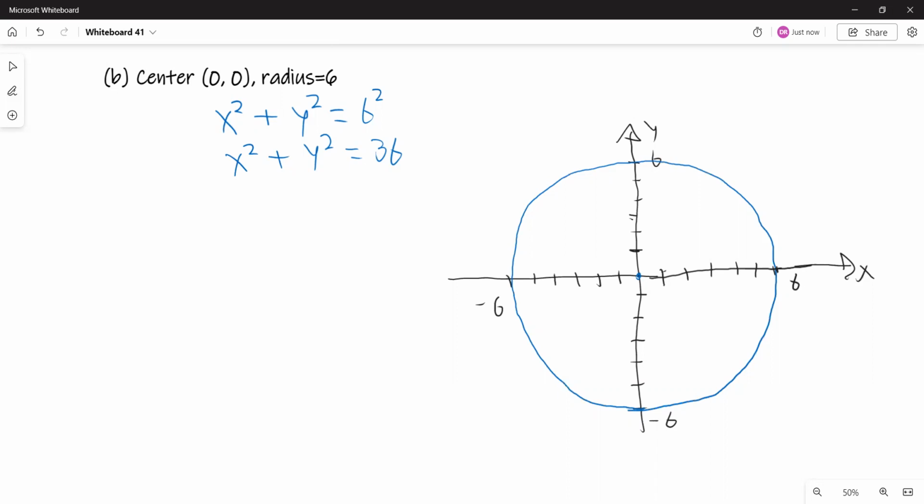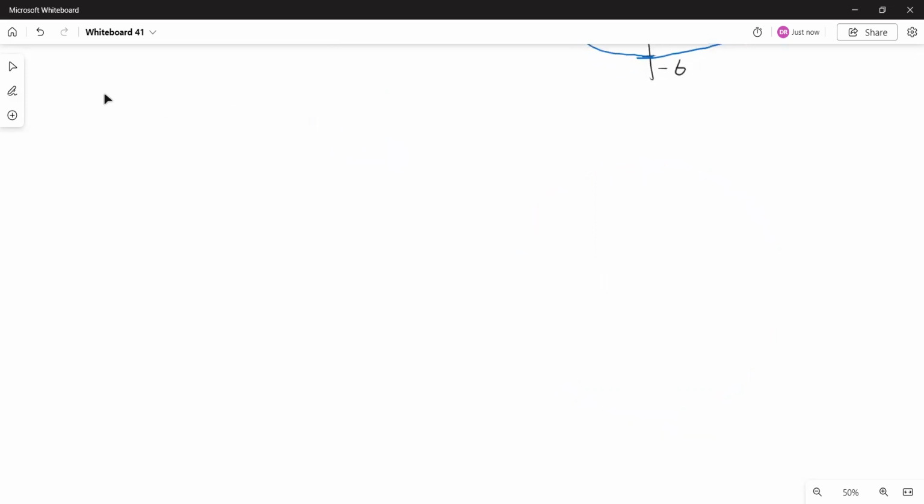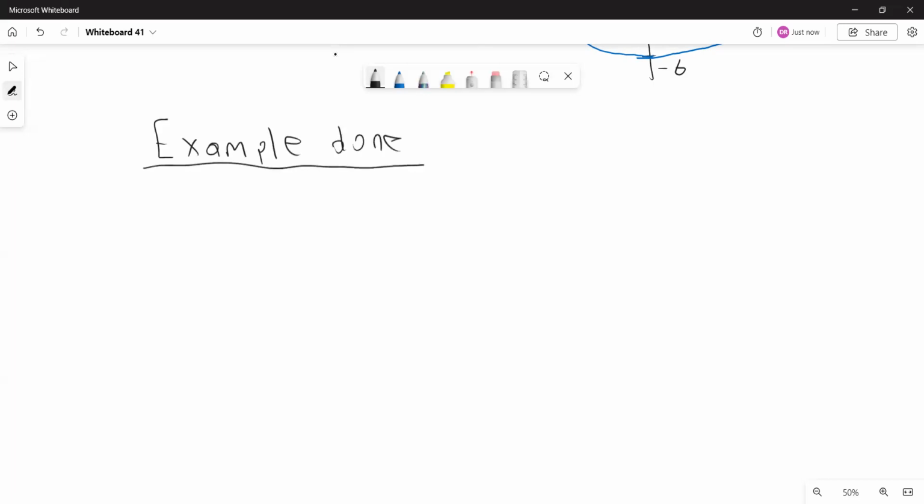So in the example we did, the center-radius form of the equation of the circle was (x plus 4) squared plus (y minus 5) squared equals 25.